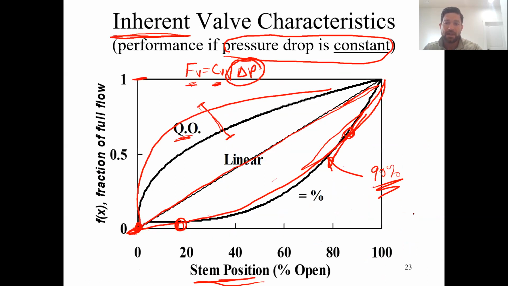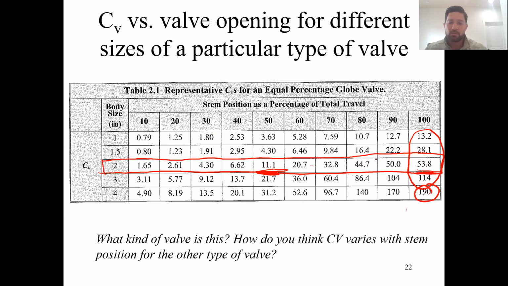Now we would have to use this chart right here to determine what the stem position is, right? We can't just take the linear ratio. We have to use the chart to take the stem position. So 166, if I look at this chart right here, and you can do this linear, or any number of ways, 166 is pretty close to here. So this is probably going to be about 88% open.